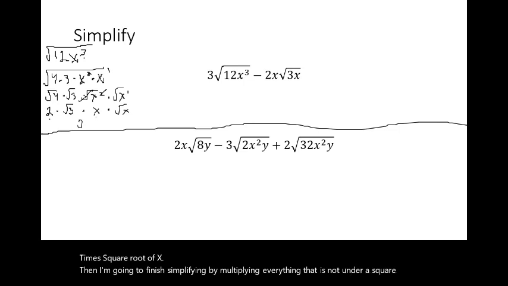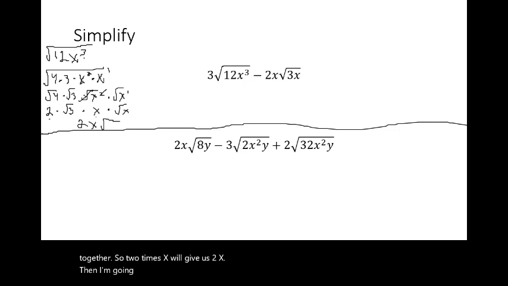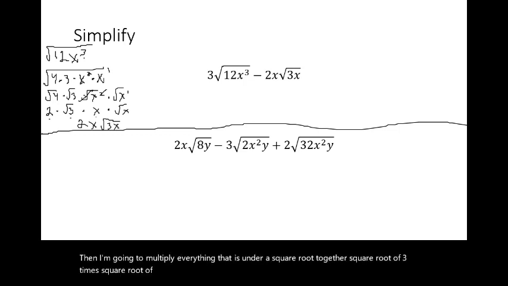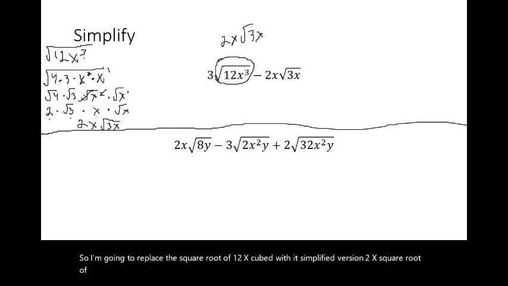So 2 times x will give us 2x. Then I'm going to multiply everything that is under a square root together. Square root of 3 times square root of x is square root of 3x. So I'm going to replace this square root of 12x cubed with its simplified version, 2x square root of 3x.